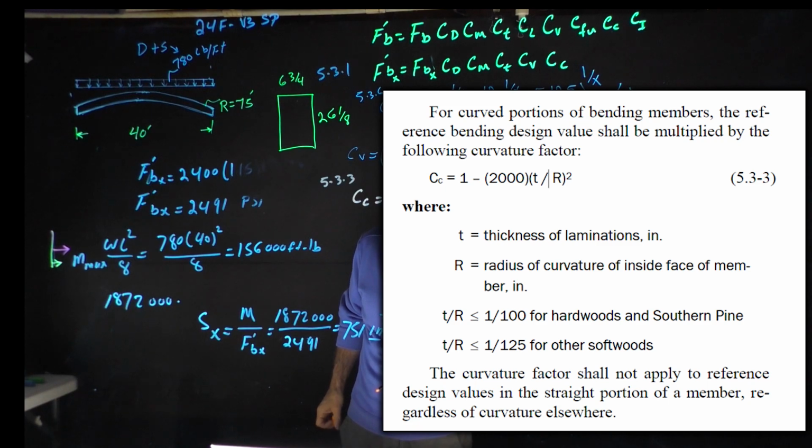And that's equal to 1 minus 2000 times T divided by R, the whole thing squared.